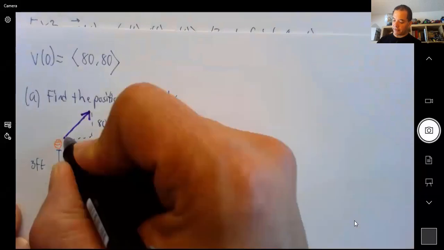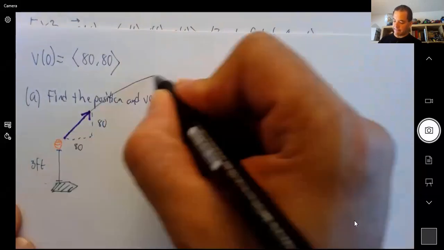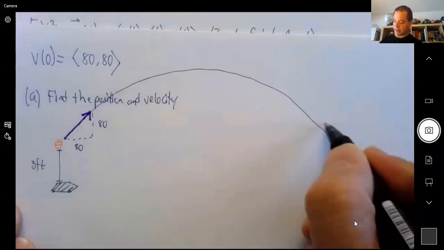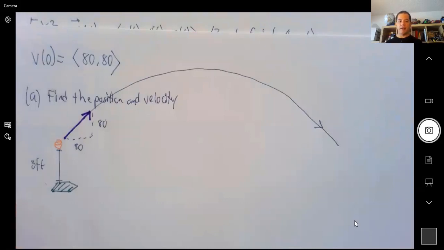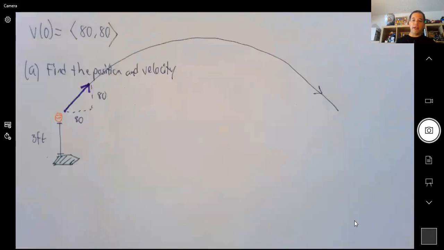The ball is gonna describe some path here, like that, right? And it's our goal to figure it out. And the only clue we have here is the acceleration. So we always have the acceleration due to gravity towards the vertical direction.